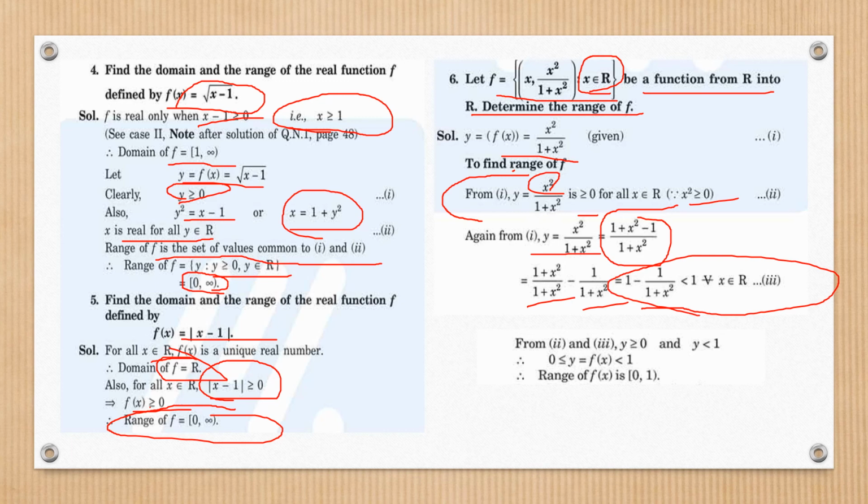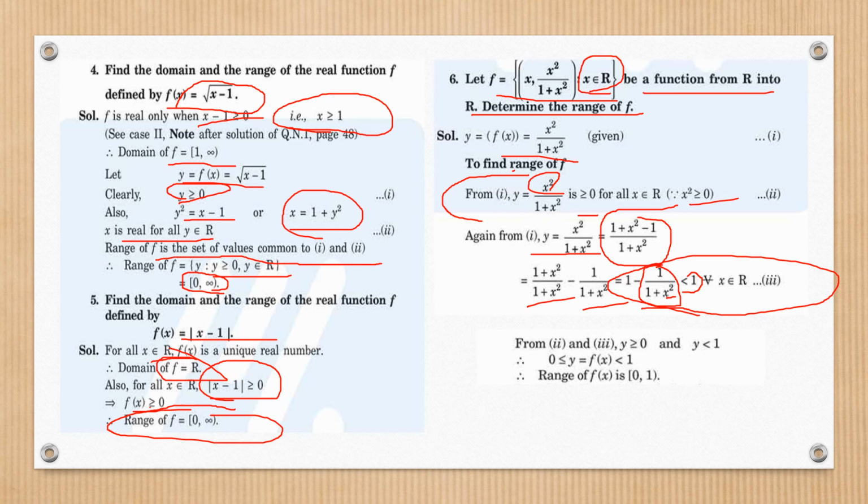Now you see this is something positive. Even if x is 0, it is 1 upon 1, and even if you give different values to x, this result will always be less than 1 for all x belonging to R, less than number 1.